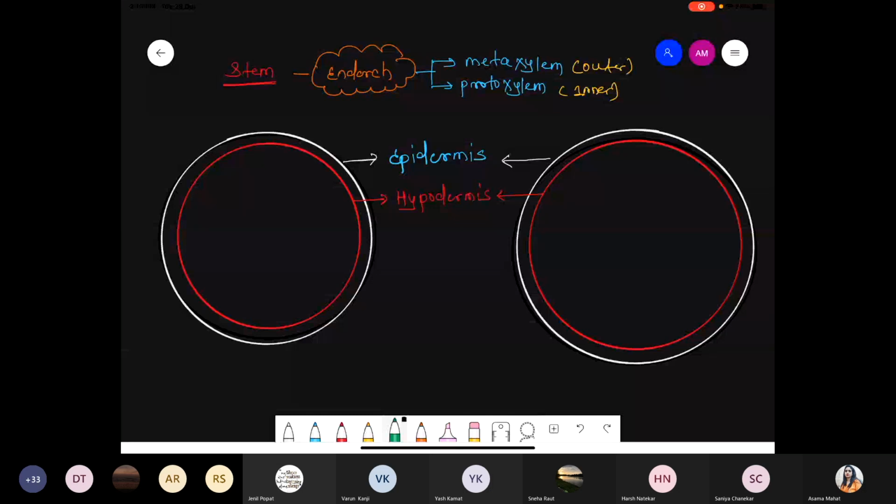Another part is the presence of trichomes, because you know very well we already discussed that towards the outer side some outgrowth is present. That outgrowth is called the trichome. On the epidermis we have multicellular structures like this, called trichomes.